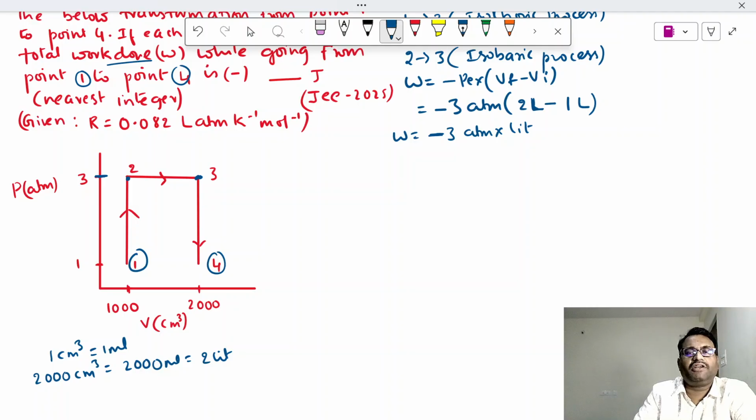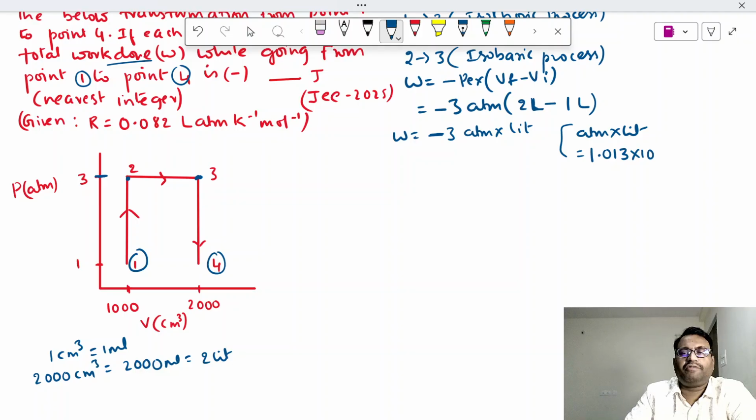So let us convert atmosphere into joule. 1 atmosphere is equal to 1.013 into 10 power 5 Pascal, and 1 liter is equal to 10 power minus 3 meter cube.